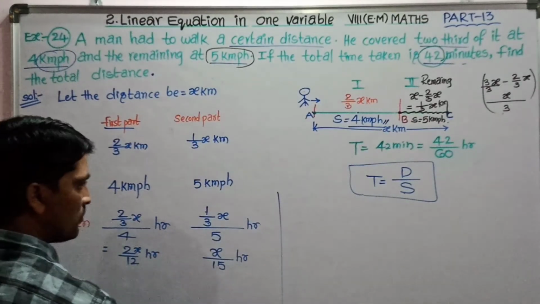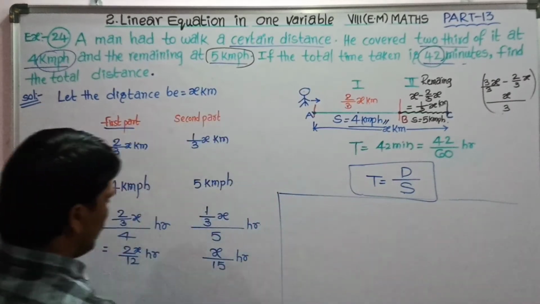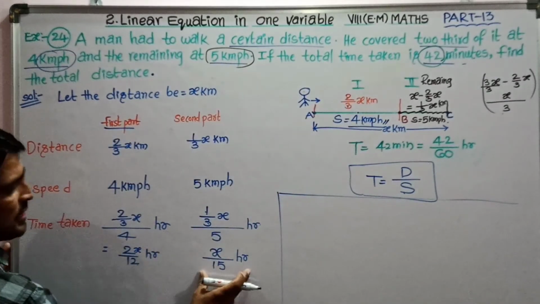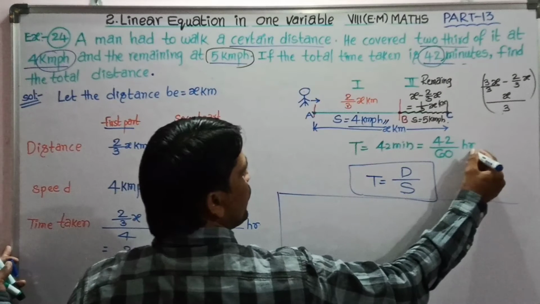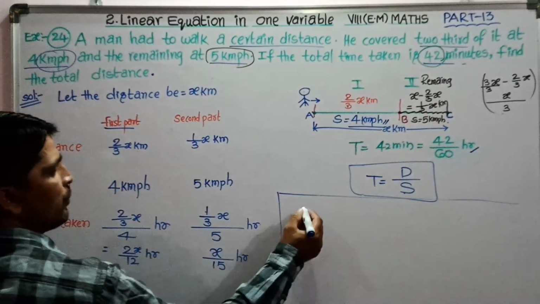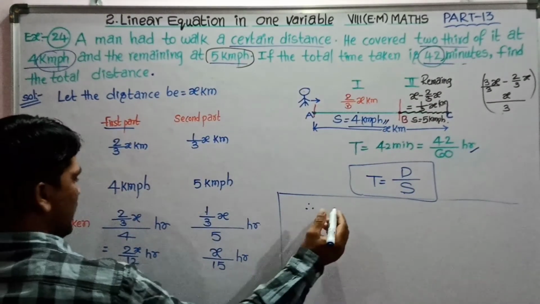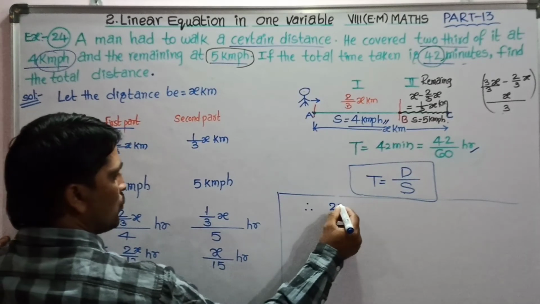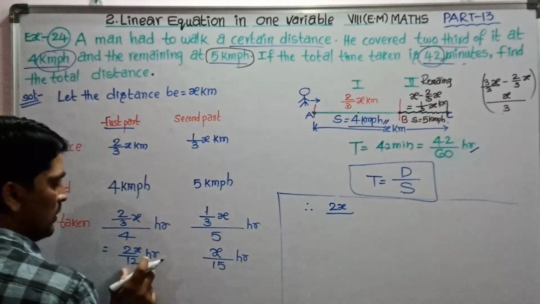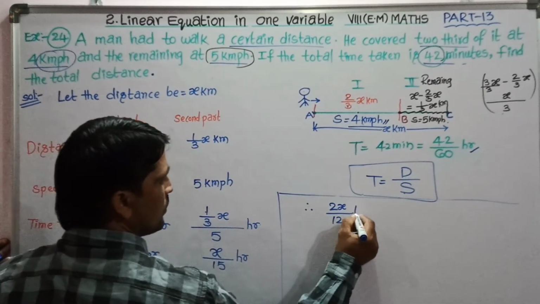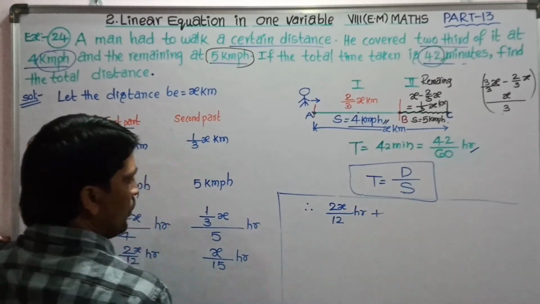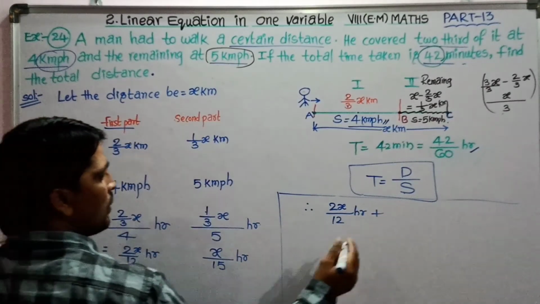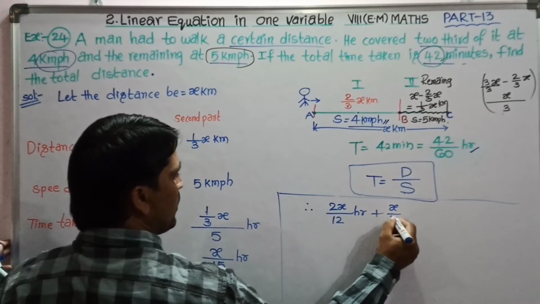Now according to the question, to travel the first part and second part, he took 42/60 hours. Therefore, let us equate the time: time taken to travel the first part, 2x by 12 hour, plus time taken to travel the second part, x by 15 hour.